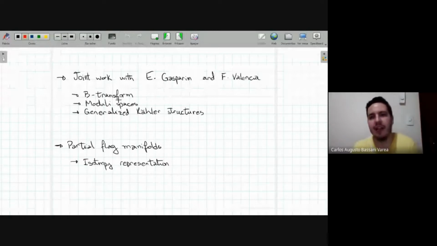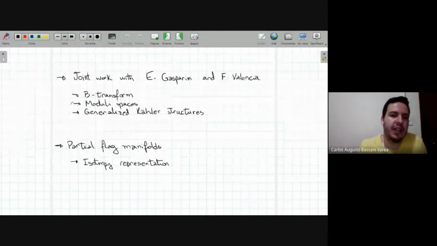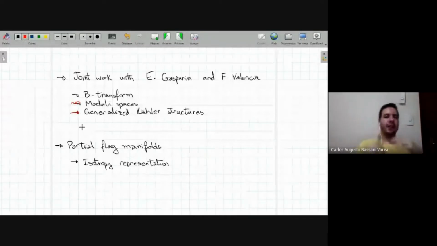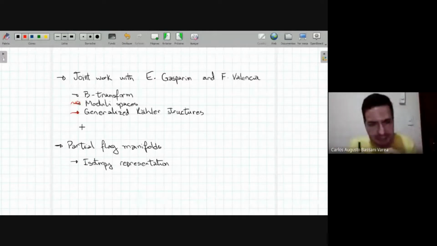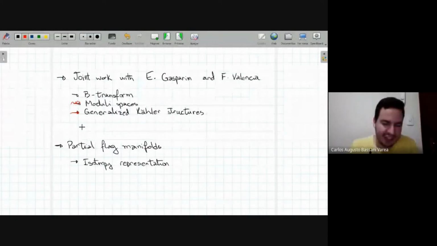So basically, up to B-transformations, what we have are complex type and symplectic type. In this same work, we also computed some moduli space, and we also classified the generalized Kähler structures on maximal flag manifolds.